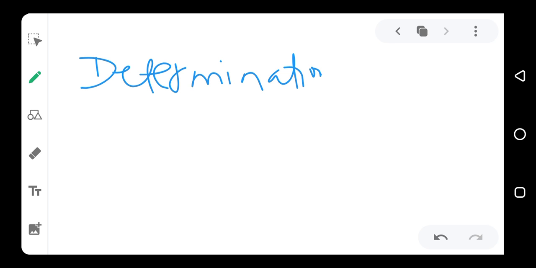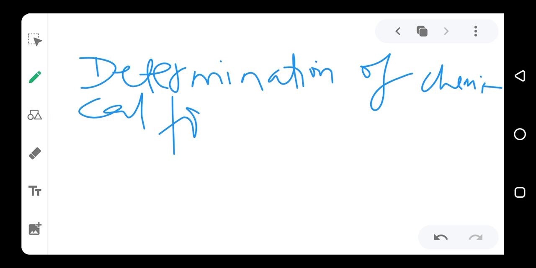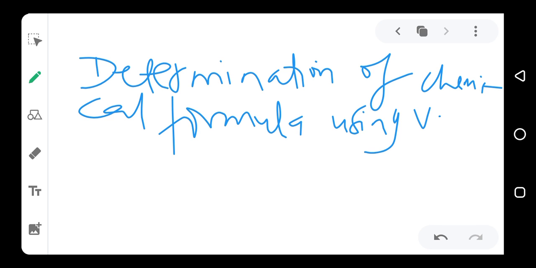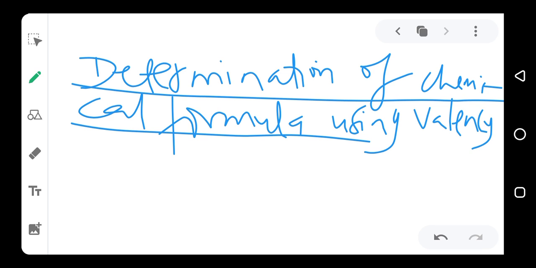We can use valencies to get the chemical formula of a compound. How can we use valency to determine the chemical formula of a compound?